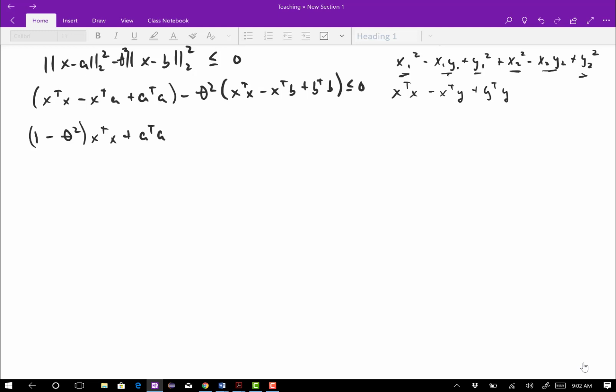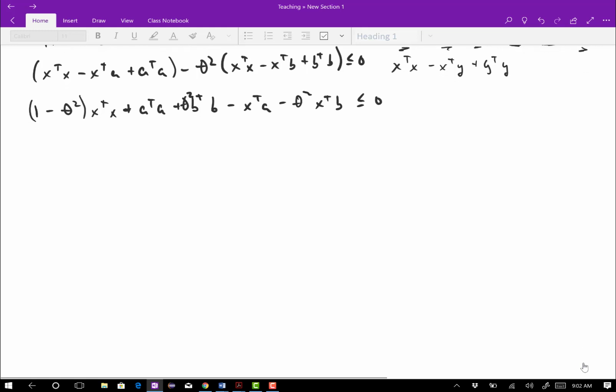I'm just going to do these in an order that's going to be convenient for me in the next step, plus a b transpose b term from over here. And then the terms that remain are minus 2 x transpose a minus, and there needs to be a theta squared here, minus 2 theta squared x transpose b. And this, again, must be less than or equal to 0.